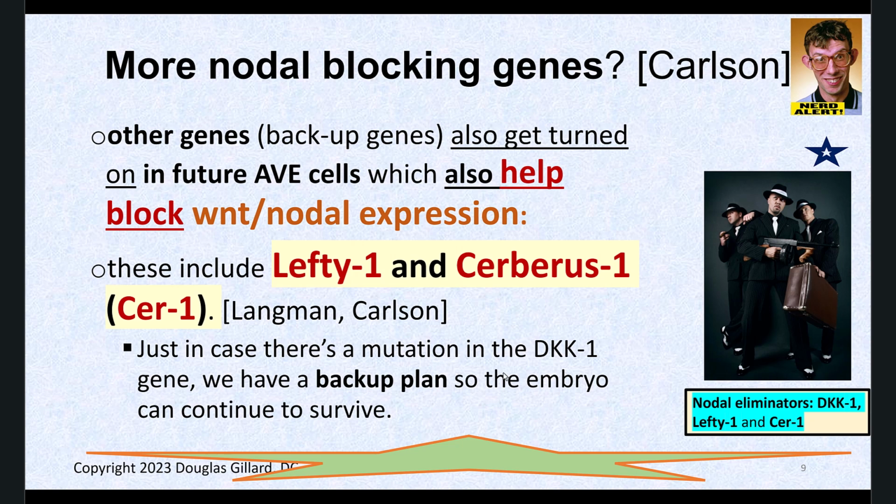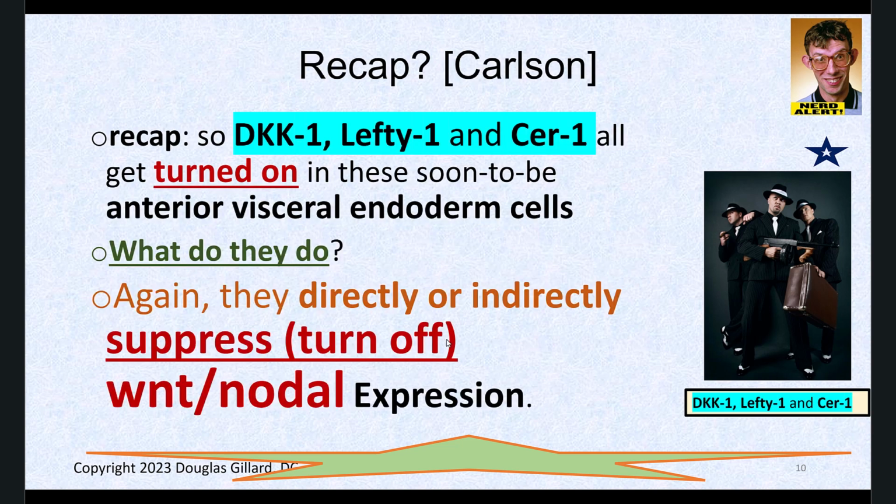They can eliminate or turn off WNT, which in turn turns off nodal. So to recap, DKK1, Lefty-1, and Cerberus-1 all turn off the WNT gene, which in turn turns off the nodal gene. And without nodal being expressed, now the cells will become AVE cells.